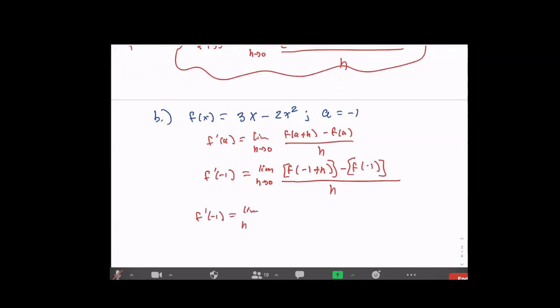And what am I going to write? Now we're going to replace the f part, the function part, with the actual function. And this is pretty much the last step, which will give you your answer.